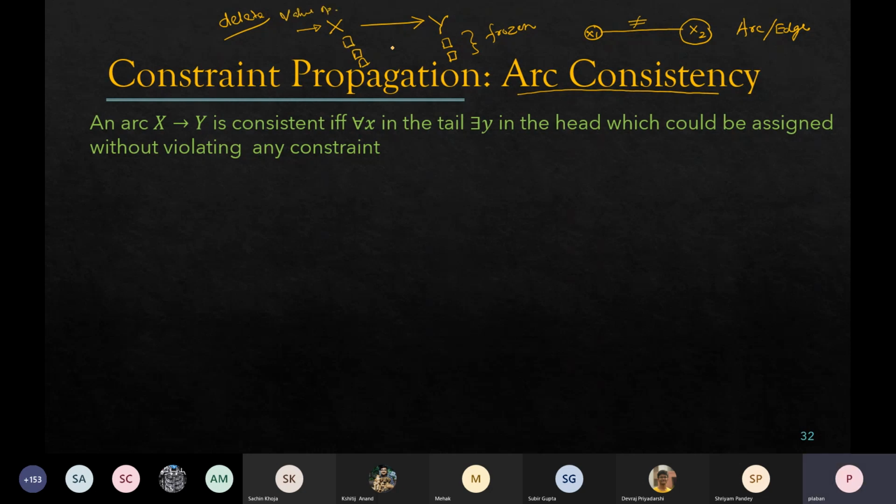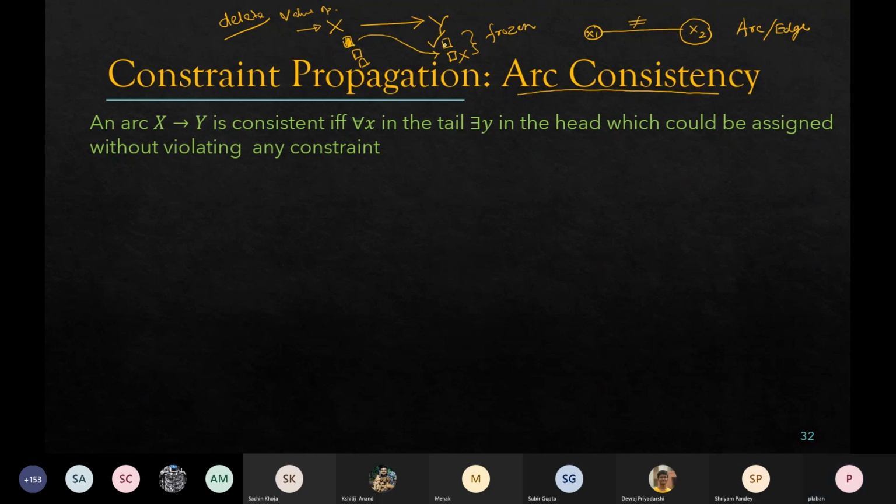And which value option will we be deleting? The one for which I do not have at least one satisfying assignment in y. It might so happen that while you have assigned a value here, it is conflicting with this assignment, but it is fine with this. That means I have at least one pair of assignments for which the constraint imposed on this arc is consistent, right?